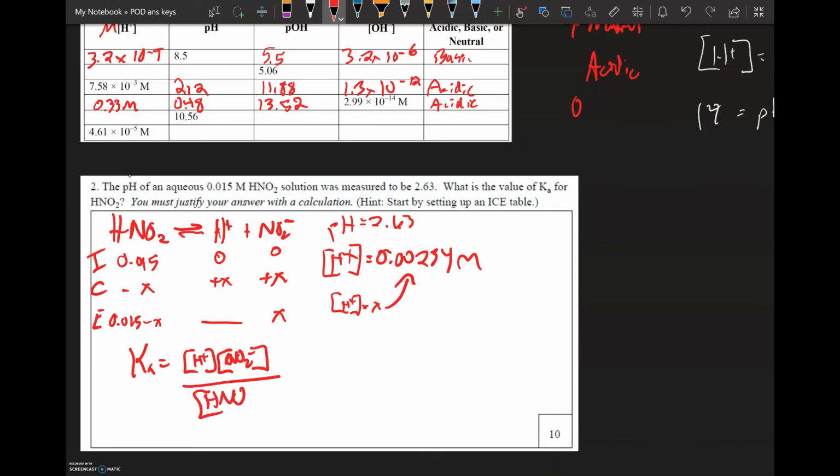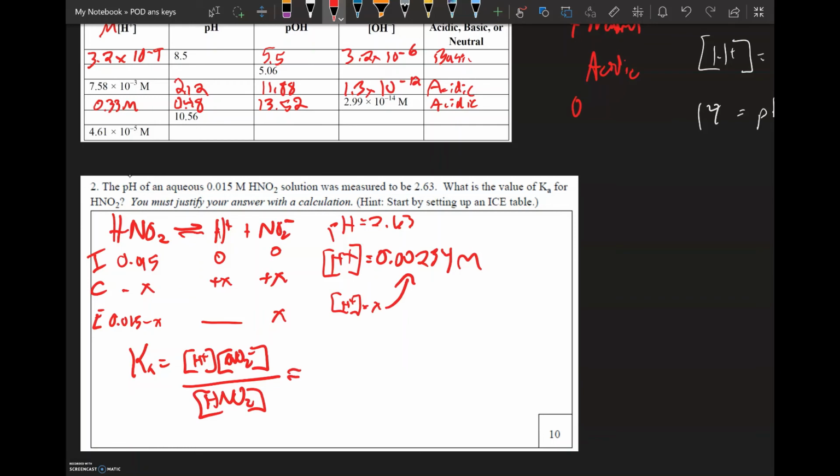So the reason why you want to write the expression is to make sure that you factor in the stoichiometry from the balanced equation. The nice thing here is everything is 1 to 1 to 1, so we don't have any exponents that are greater than 1. It just simplifies it a little bit.